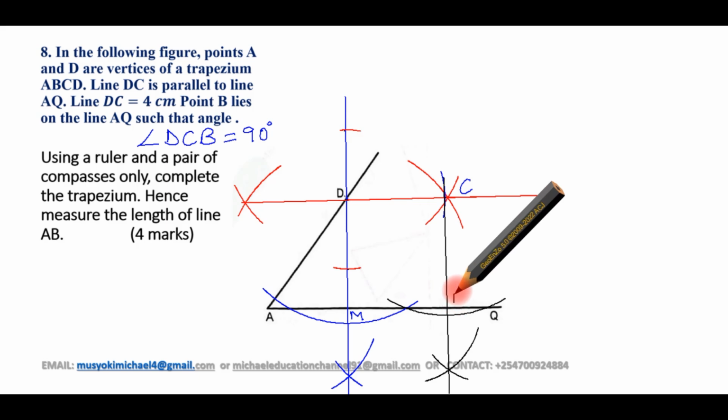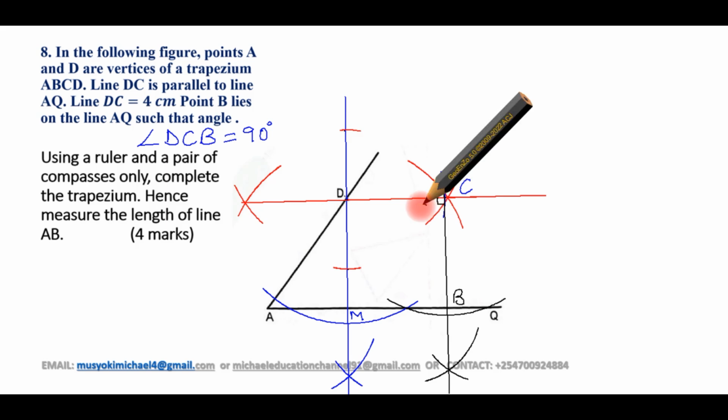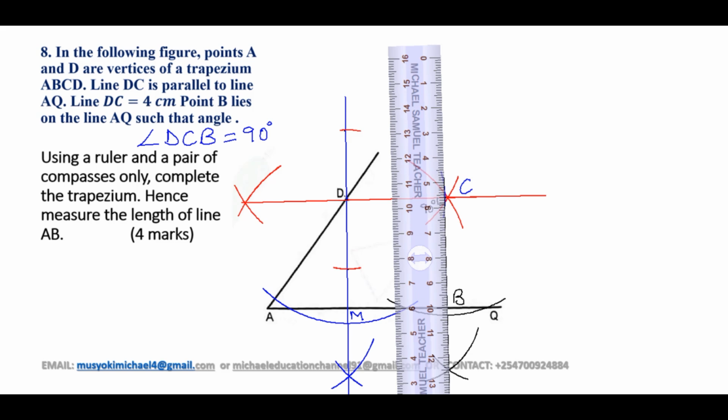So this point B, that's point B, and therefore we are required to measure AB. We have completed the trapezium ABCD, as this angle is 90 degrees, and therefore we need to measure AB. So let us measure AB and see what we get.